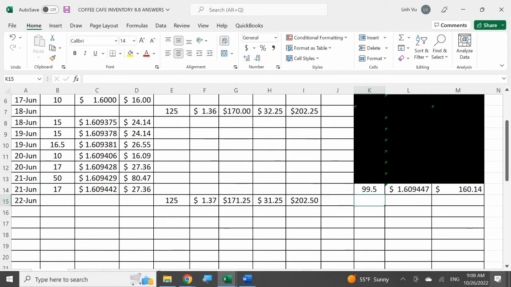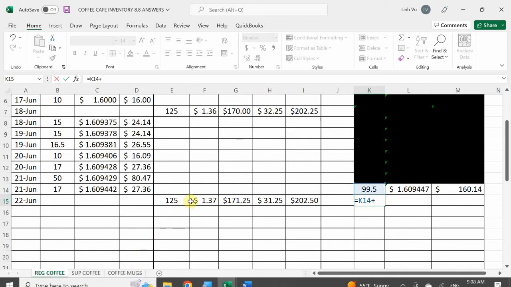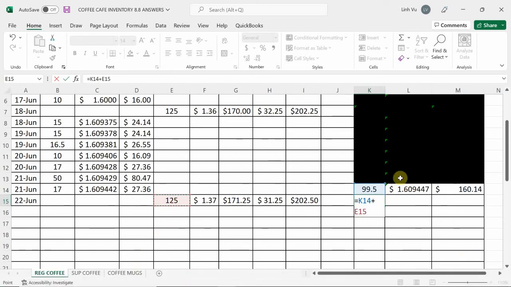So if I have 99 and a half pounds, I just added 125. How much do I have now? 302. Okay, do it again. 99 and a half pounds plus 125 pounds. 224.50.